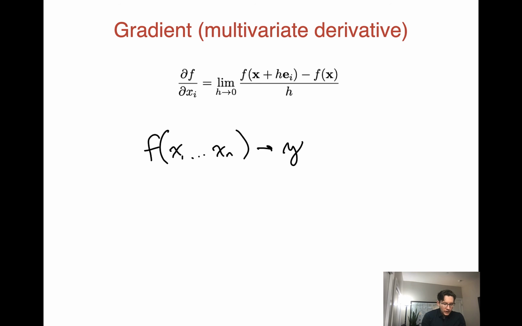So we might write f as being a mapping from Rn to R, because again, it takes as input a vector and outputs a scalar. We could look at cases more generally where it goes from a vector to a vector. That's not going to be too relevant in this course.